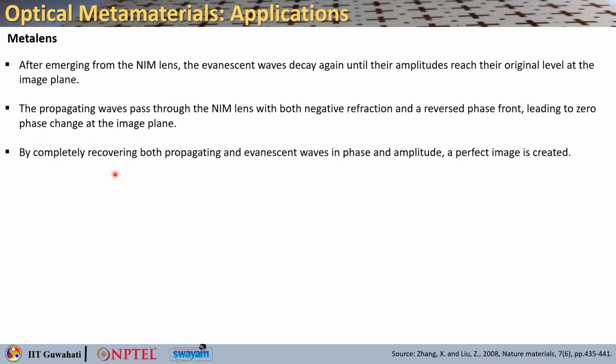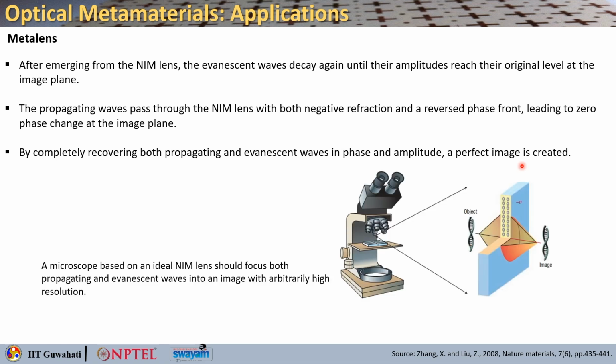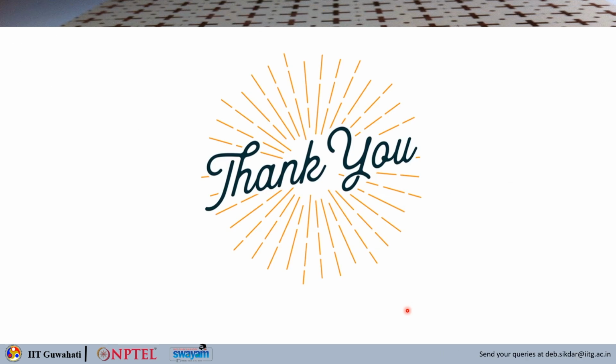So, by completely recovering both the propagating and the evanescent waves in phase and amplitude, you can create a perfect image, and this is the schematic of a microscope based on an ideal negative index medium lens that should focus both propagating and evanescent waves into an image with arbitrary high resolution.